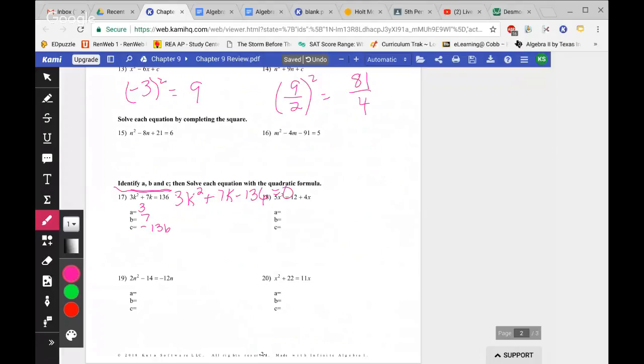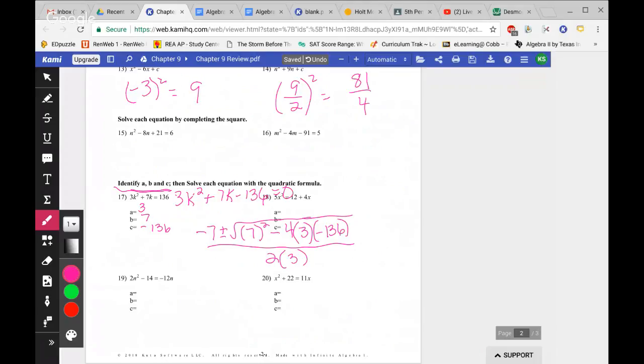So now we'll plug in our values to the quadratic formula. We've got the opposite of B plus or minus the square root of 7 squared minus 4 times 3 times -136, all over 2 times 3.